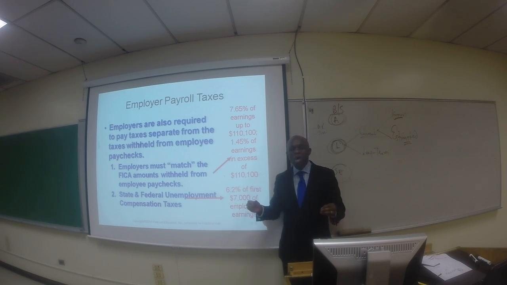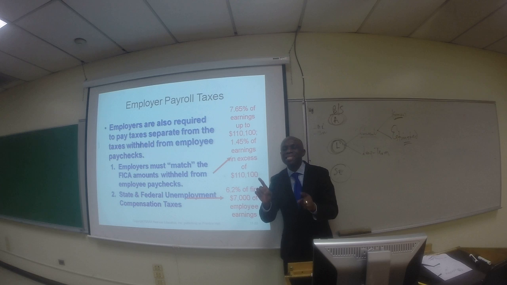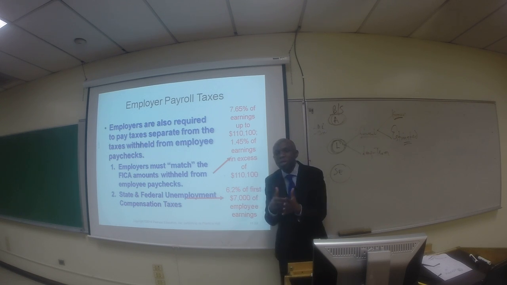The state and federal unemployment compensation tax is another type of tax that the government sticks employers with. It is important for you to know this: you and I, as employees, are not obligated to pay state and federal unemployment tax. It is only the company that pays unemployment tax. What is the spirit of unemployment tax?